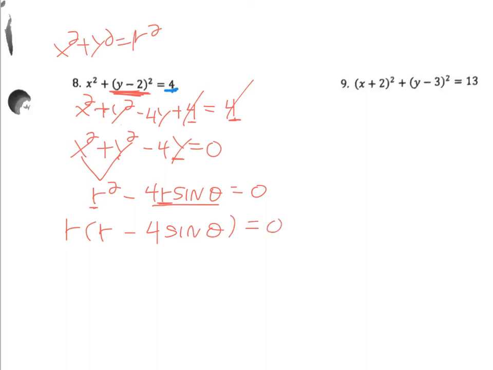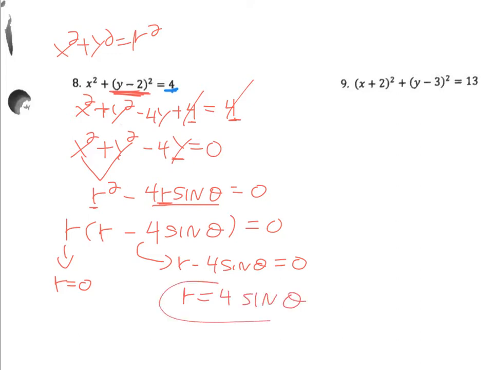Then the 2 factors, you just set each of these equal to 0. You're going to have r equals 0. That's kind of weird, but we're going to explain the significance of that. And then when you set r minus 4 sine of theta equal to 0 and solve for r, you just add 4 sine of theta on both sides. So r is going to equal 4 sine of theta.